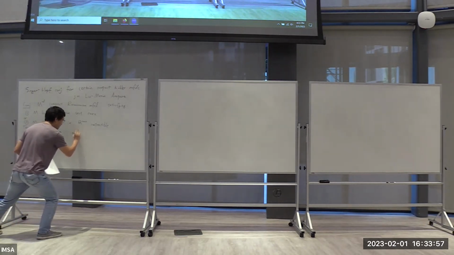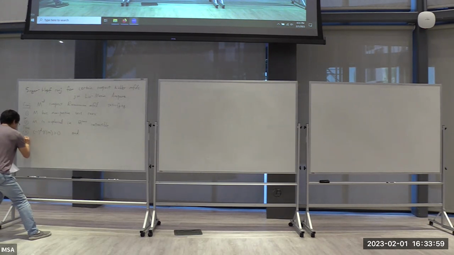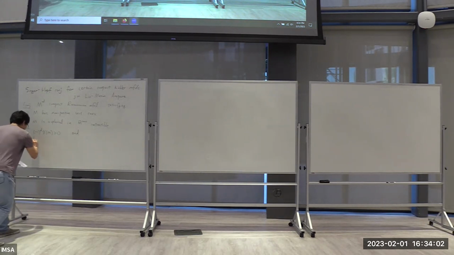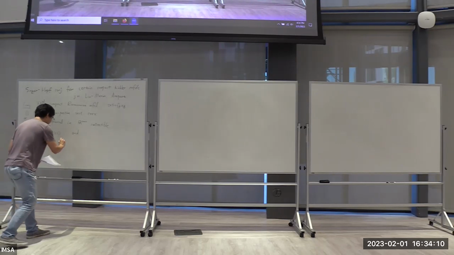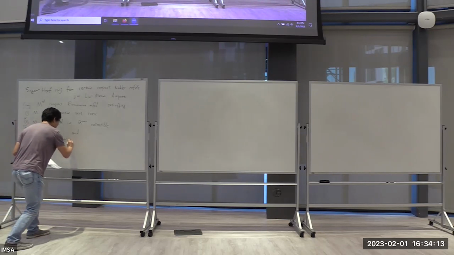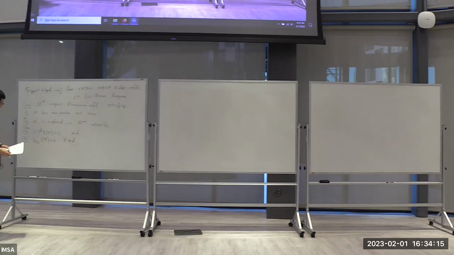And another consequence the Singer-Hopf conjecture predicts is that the L2 Betti numbers all vanish except in the middle degree.